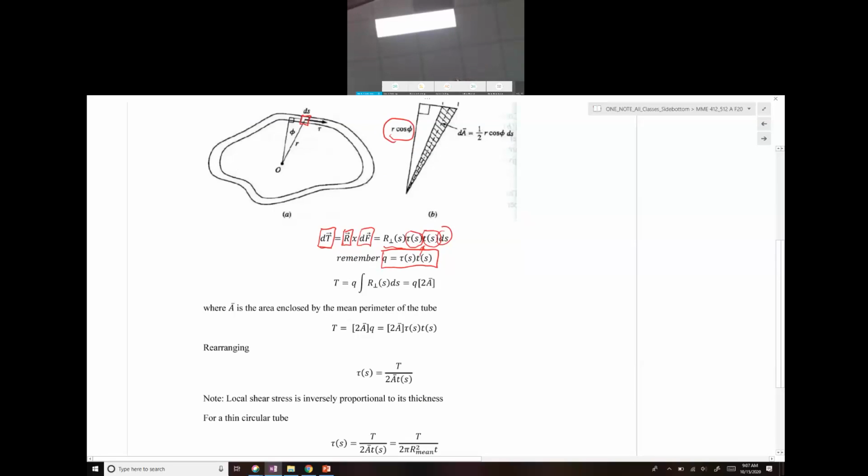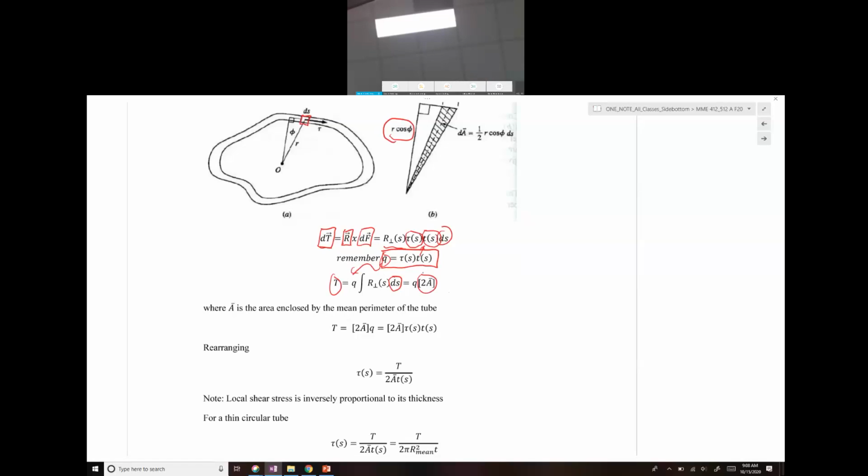If we then integrate along the length or the perimeter of the section, the thing that we should remember is that Q is constant along the section, so we can bring it outside our integral. And then if we integrate r of s ds, what that ends up being is just equal to 2 times our area.